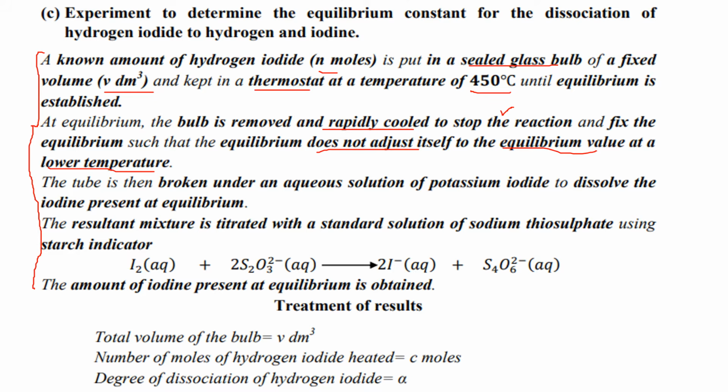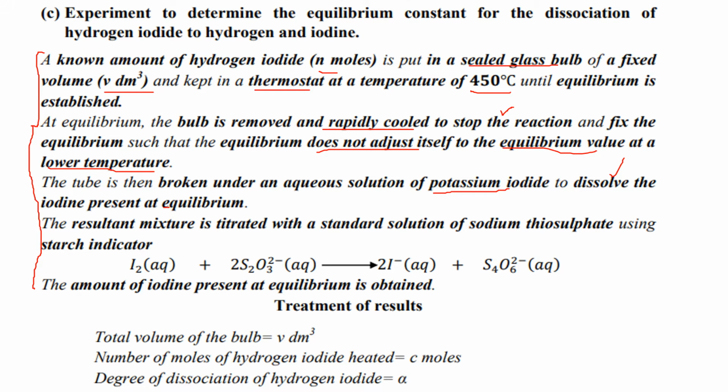So here, the tube is broken under an aqueous solution of potassium iodide, and the reason for that is to dissolve the iodine that has been formed at equilibrium. We can also ask you for the reason why we break the tube under an aqueous solution of potassium iodide. The reason is to dissolve the iodine that is present at equilibrium.